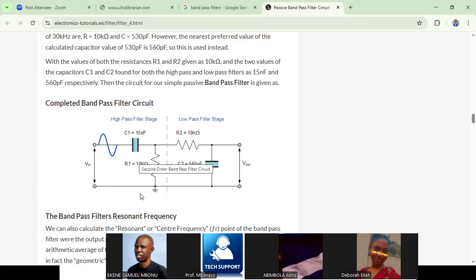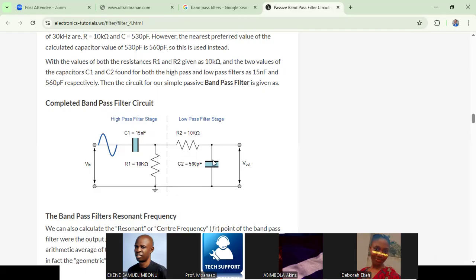You notice that XC, the reactive impedance of a capacitor, is 1 over WC. So at low frequency, this reactive impedance will be high. It will block it. But at high frequency, this capacitor will almost act like a normal wire, just a conductor. So high frequency signal will pass.